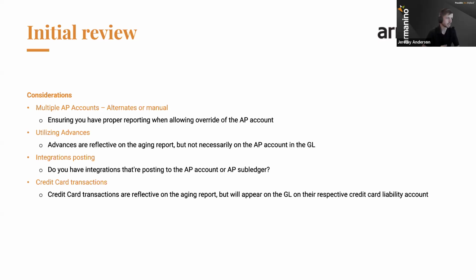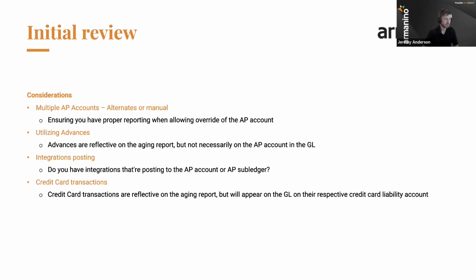Another key feature is that advances will also show up on your aging. Natively, they'll show up, but they may or may not show up in accounts payable. A lot of people will utilize something like accounts payable advances or a prepaid account, so just be aware when utilizing advances.